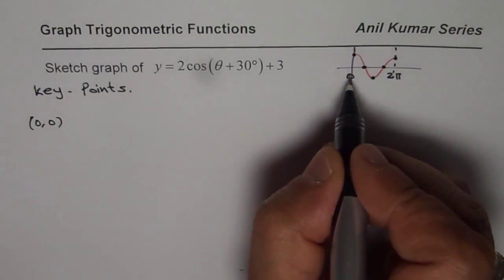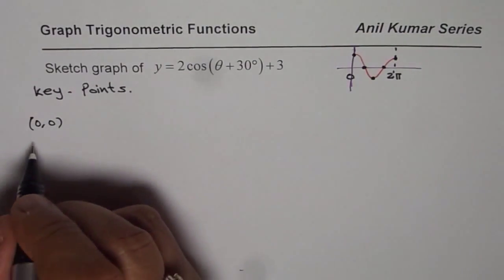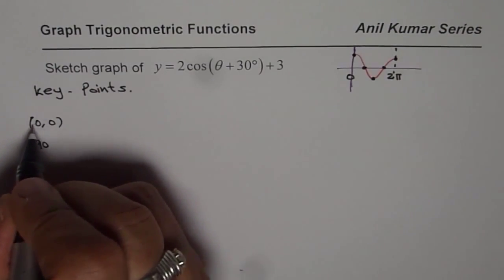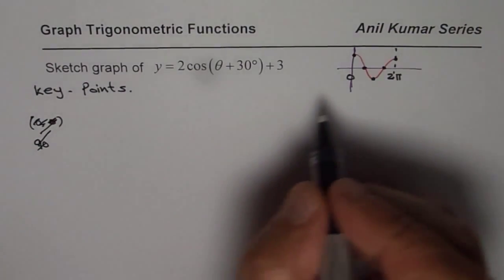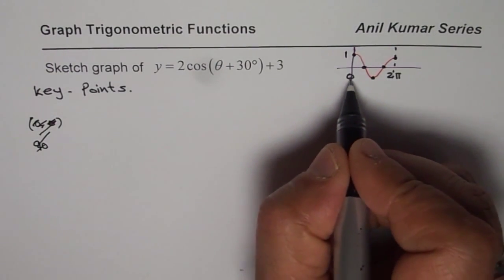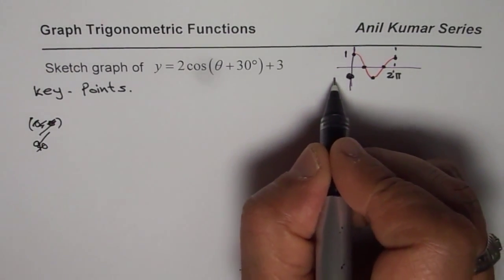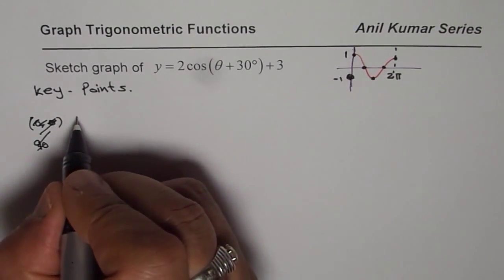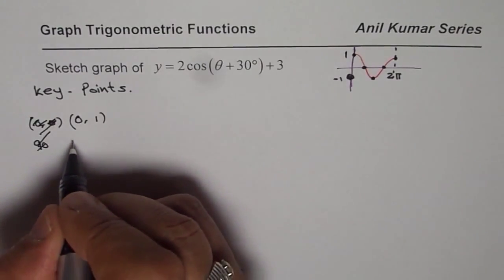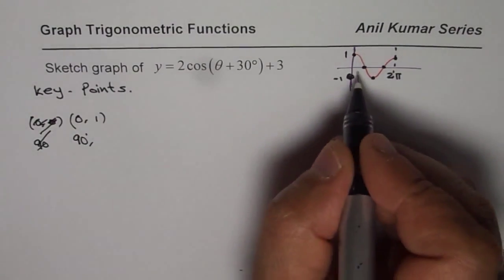Let's redo it, right? The 0, 1 is your key point. Let me write 1 here, minus 1 here. So the key points are, at 0 we have 1. It starts with the maximum always. For 90 degrees we have 0.